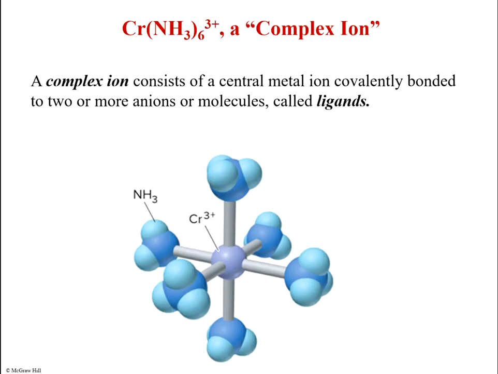These are Lewis bases, and these electron pair donors are called ligands. So we'll have a metal bonded to a ligand. Here we see, for example, the chromium-3 ion with 6 ammonias attached to it to form an octahedral complex. We see 6 groups that are all symmetric around the metal ion. This is a metal complex, or a complex ion.